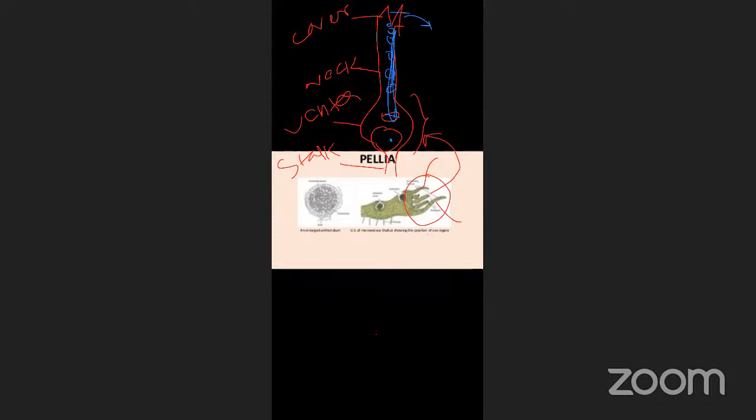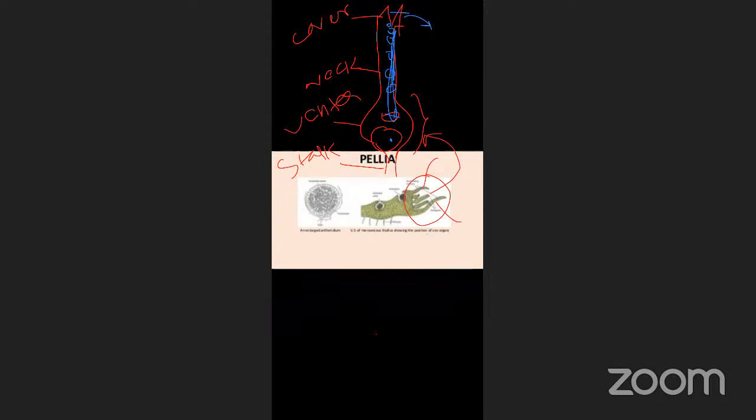The zygote secretes a wall and begins to increase in size. The cell wall grows and develops into the calyptra, which covers the sporangium. The single-cell zygote divides mitotically and forms the embryo, while the embryo differentiates into the sporophyte.